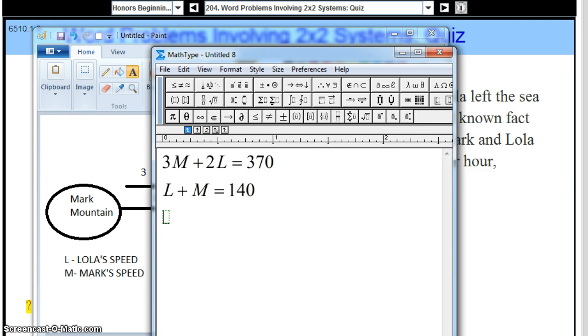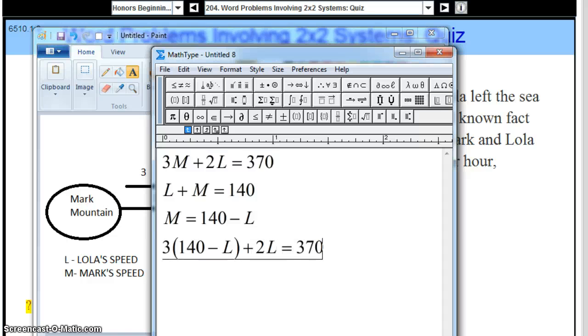We can just say, if we want to solve for L, why don't we just say M equals 140 minus L? And then let's plug it into the top one. So we'd get 3 times (140 minus L) plus 2L equals 370.